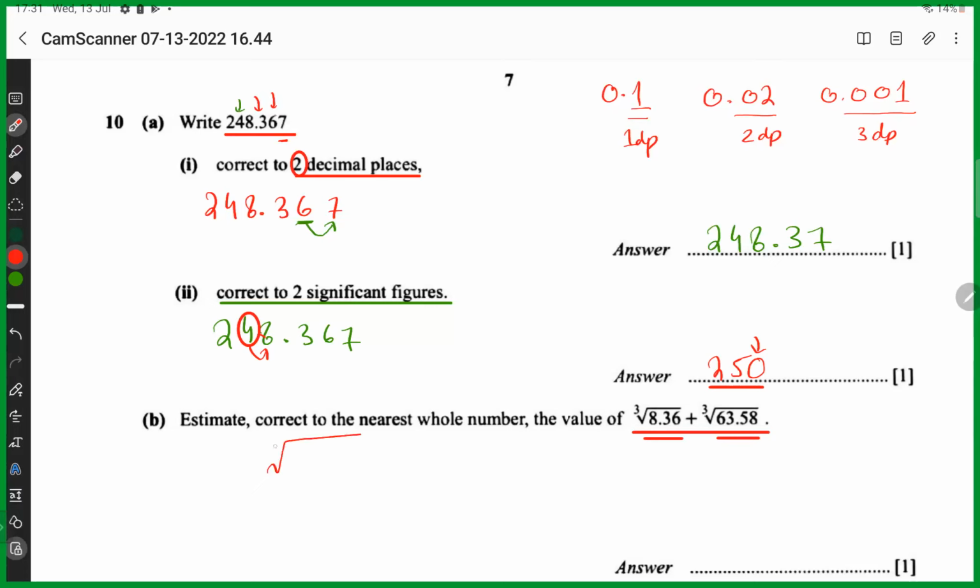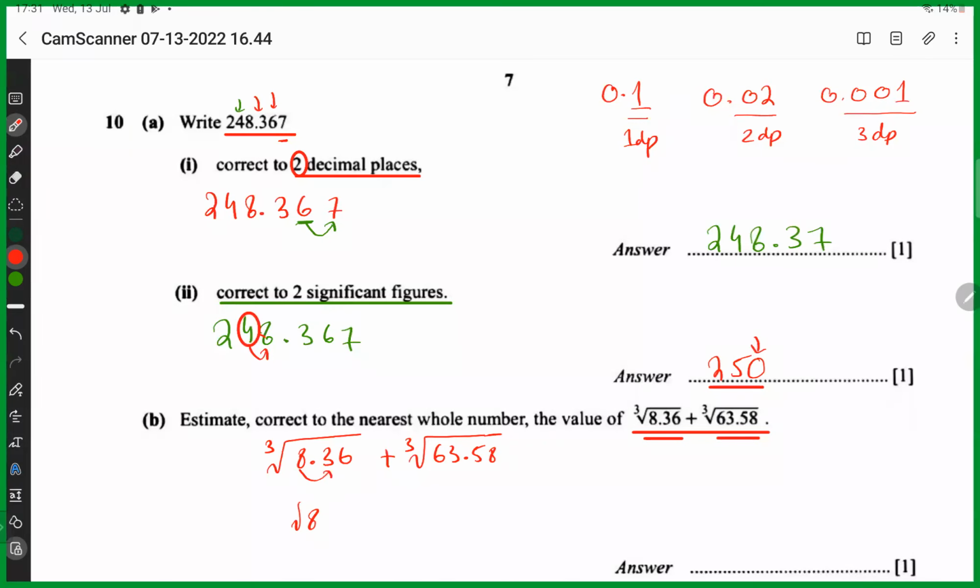It is cube root of 8.36 plus the cube root of 63.58. Now when I round it off, 8.36 can be written as 9. No, as 8, right? Because 8.36 is closer to 8. Or another way of looking at it is, the next number is 3. 3 is less than 5, so the number would remain 8.